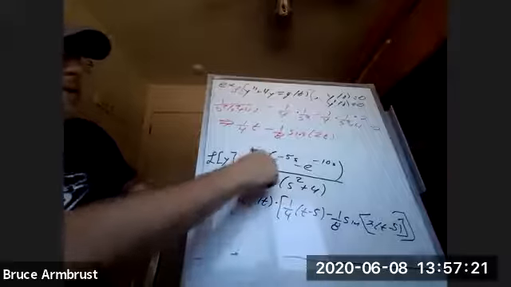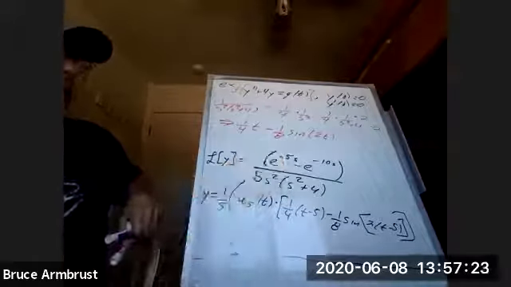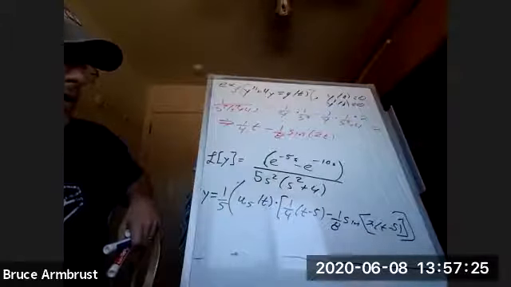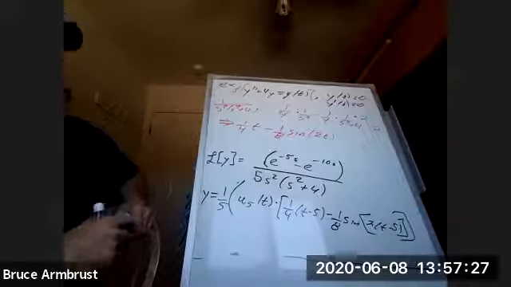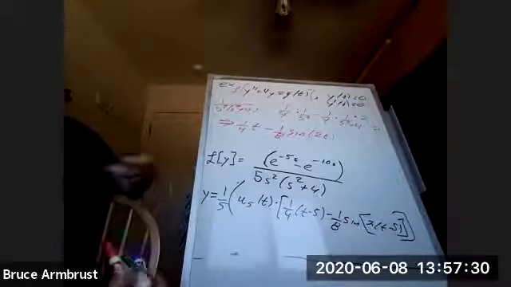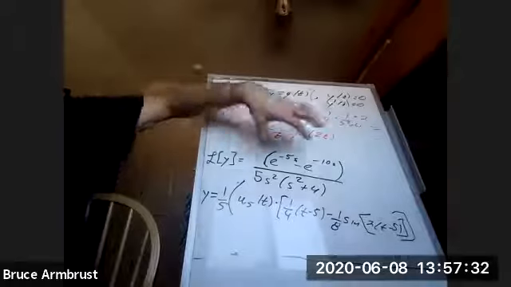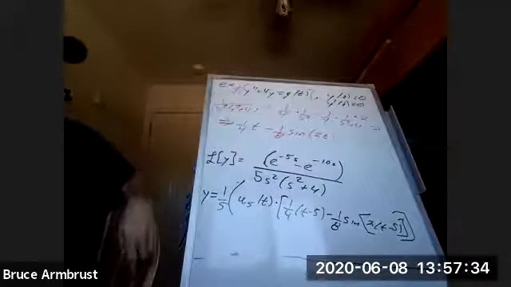So that's the bit that involves the e to the minus 5s. Basically, nothing's going on, but then at time 5, this function turns on.